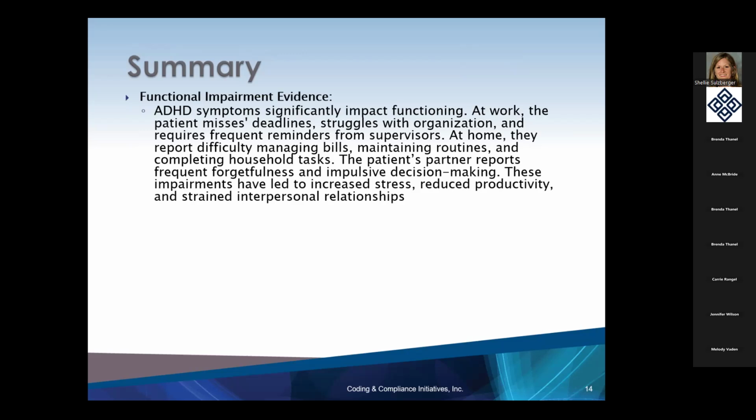They have impulsive decision making, increased stress, reduced productivity, strains on their relationship. So, what this shows us from this documentation is that real world impairment. It's also showing you that it's impacting multiple settings, right? Work, home. It's starting to support my medical necessity for treatments or for frequency.